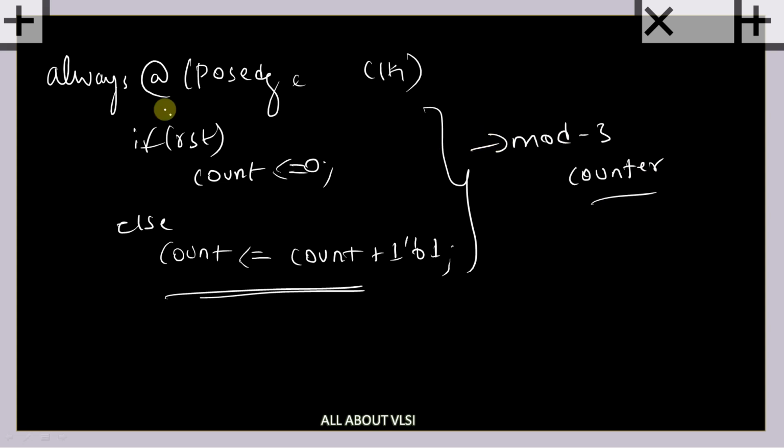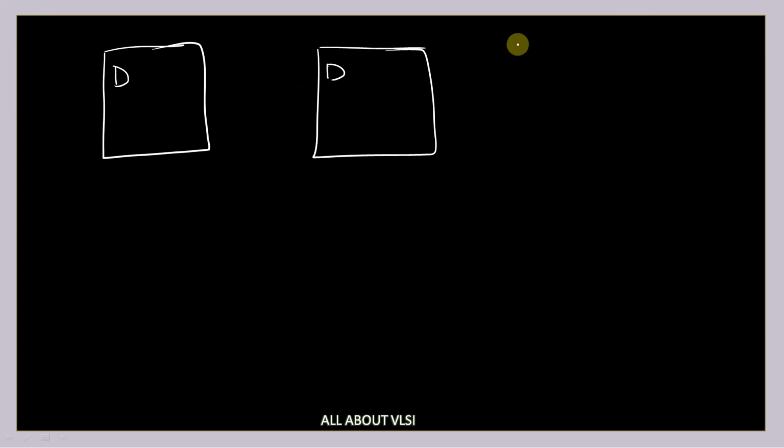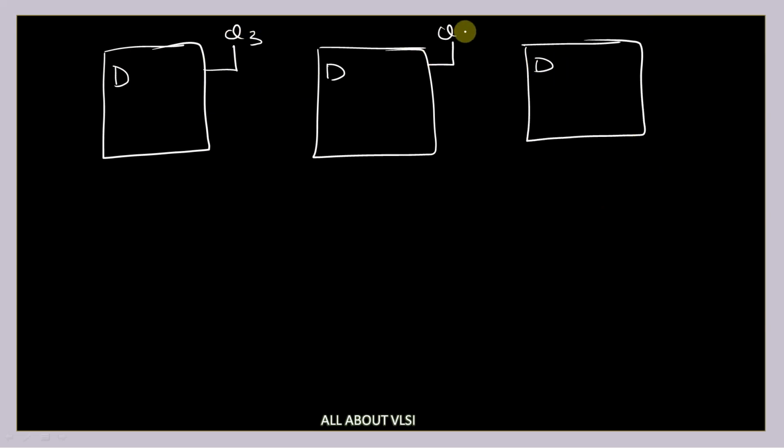When you are synthesizing this, it is going to look like this. You are going to have 3 flip-flops: this is the first D flip-flop, this is the second D flip-flop, and this is the third D flip-flop, with outputs Q3, Q2 and Q1. This is the counter logic.